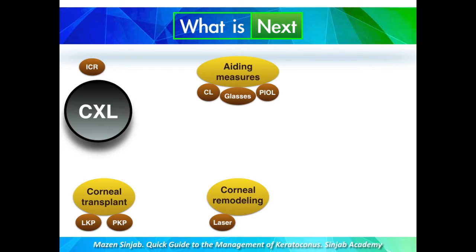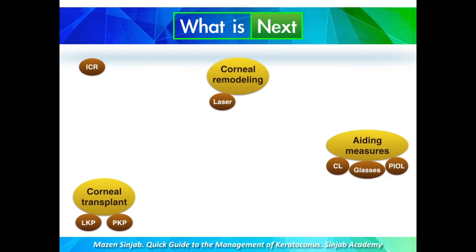Of course, we know that we have to do intracorneal rings first, followed by corneal cross-linking at least 3 months after the implantation. And then, if we want to follow that by aiding measures, it will be possible. But if phakic IOL is to be done, it should be 12 months after corneal cross-linking to have stable and accurate measurements of K reading.